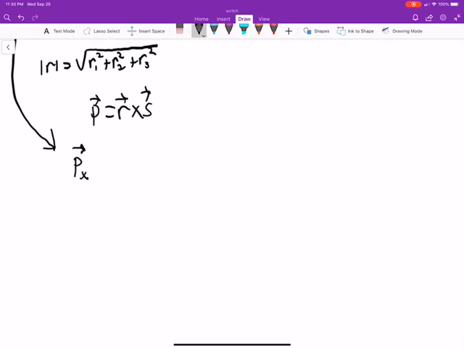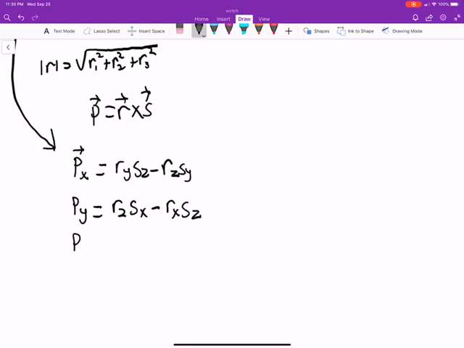The X component of P is RY SZ minus RZ SY. The Y component is RZ SX minus RX SZ. And the Z component is RX SY minus RY SX.